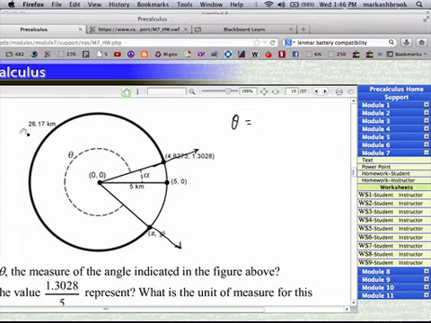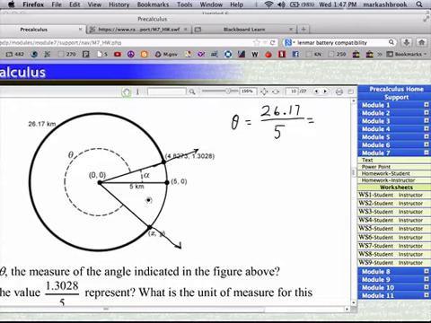So how can we figure out how many radius lengths that is? We take that whole arc length and cut it up into pieces of how long? 1 radius length, 5 kilometers, and that'll give us the number of radius lengths. And that number of radius lengths will be the angle measure in radians.